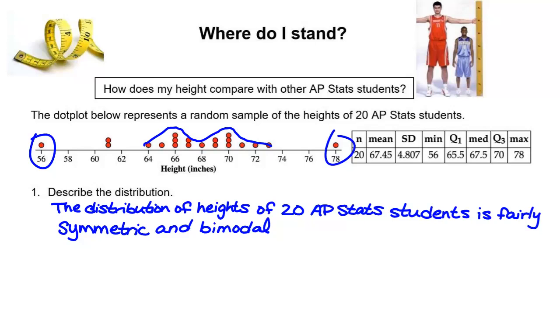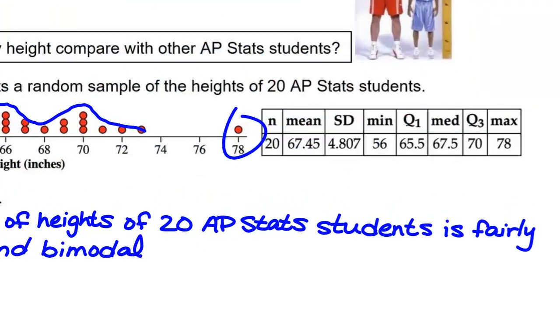So we've got all of our summary statistics right here. What's the IQR come in at? 4.5.